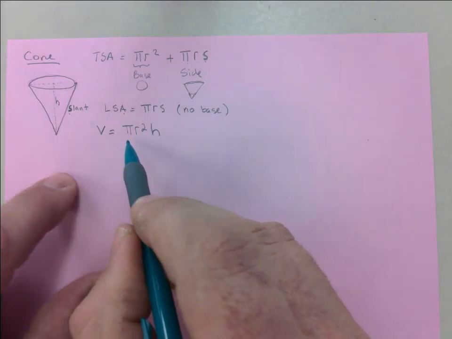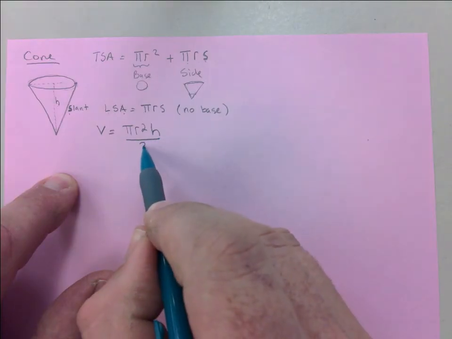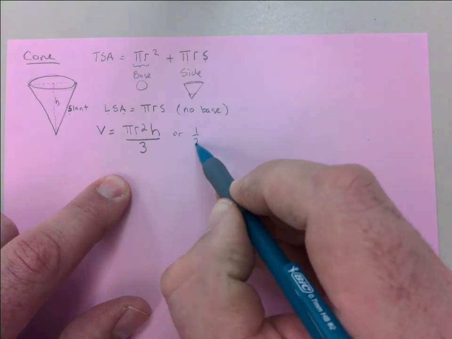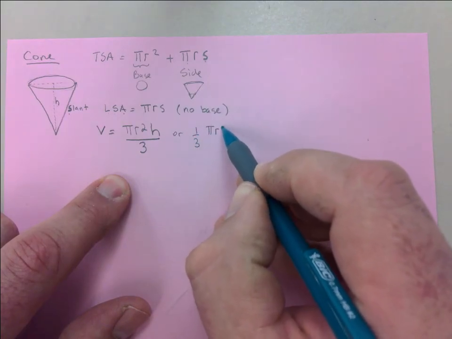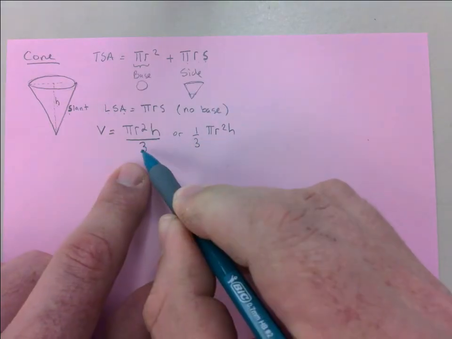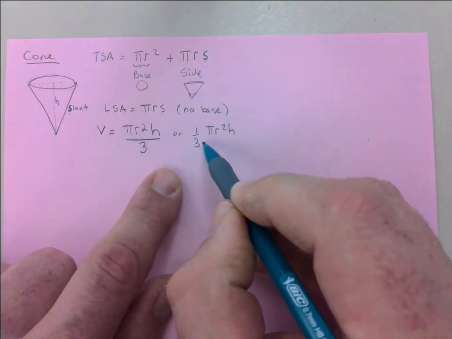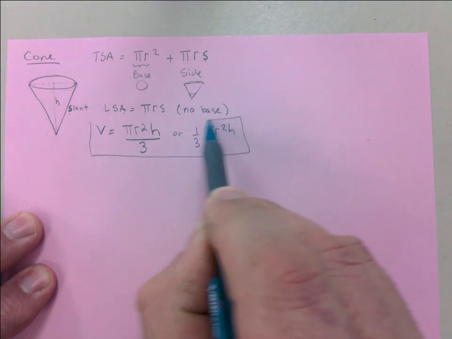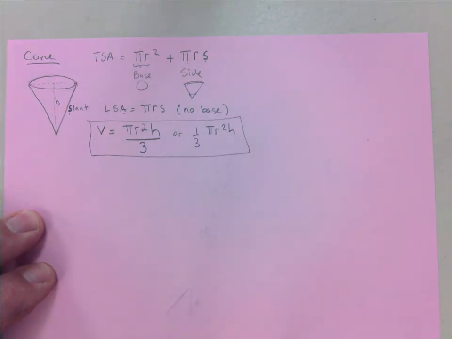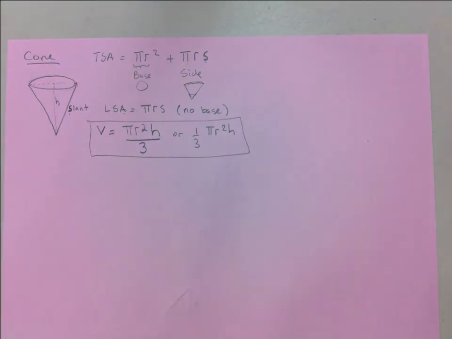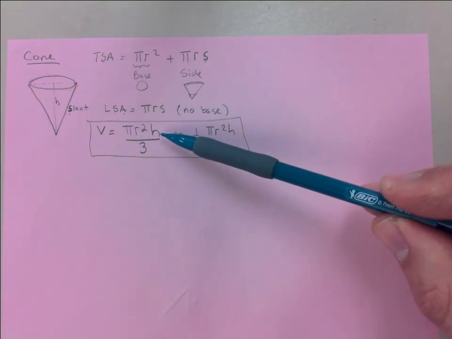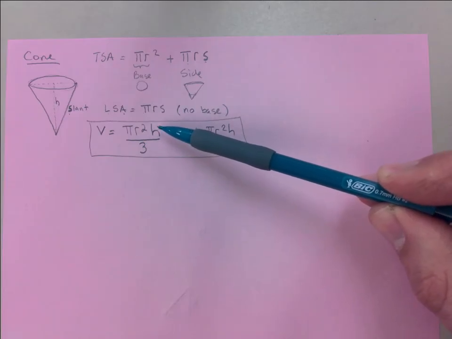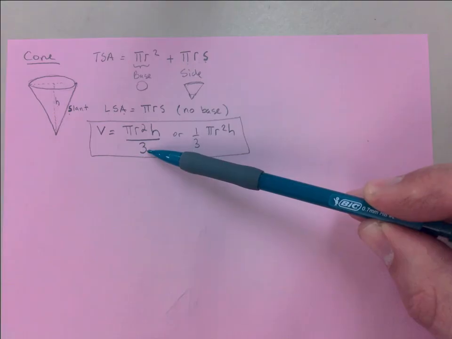But for a cone, you have to divide it by 3. Okay, or some textbooks, or if you look it up on Google, they'll have the 1/3. They'll take that on front, make it 1/3 pi r squared h. It doesn't matter. It's the same thing. Which shape has pi r squared h? Cylinder? So basically, think of a cylinder in thirds, right?